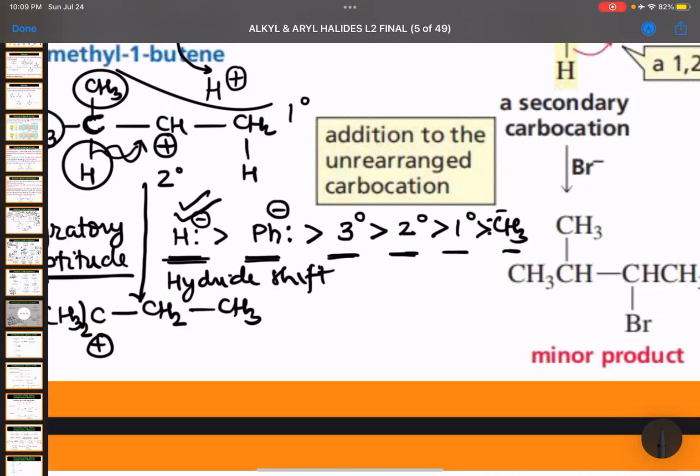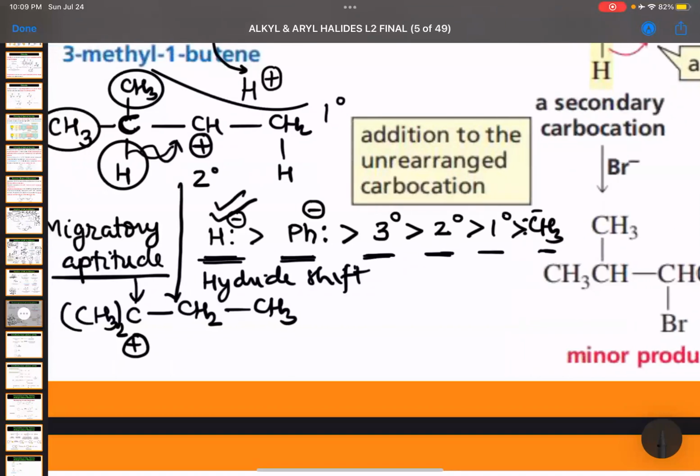So the new carbocation will appear on this, and this is known as rearrangement of carbocation or shifting of carbocation. The shifting will always happen if the resulting carbocation is more stable than the previous carbocation. And while doing the shifting, you need to consider which group to shift to bring the carbocation on this side and make it more stable.